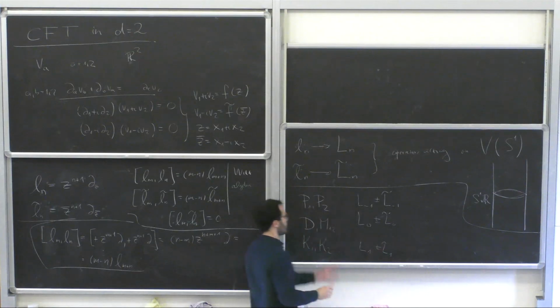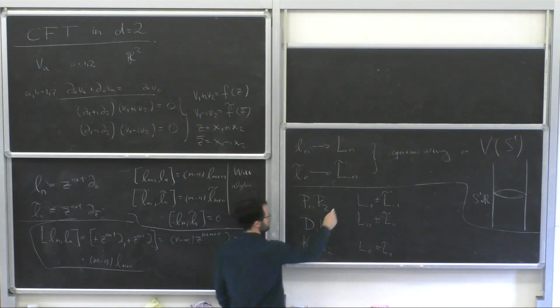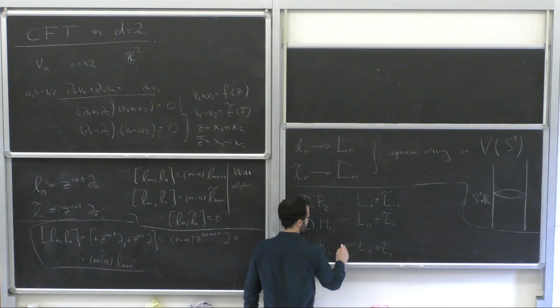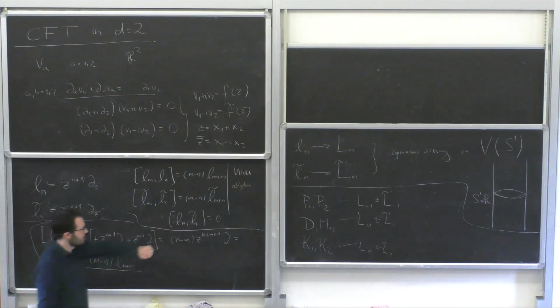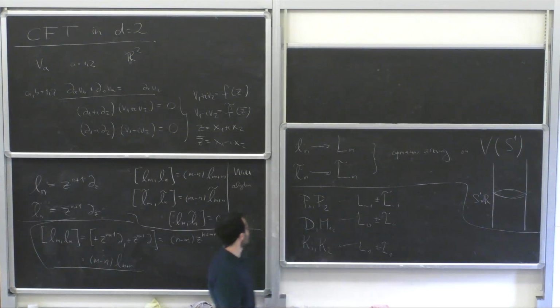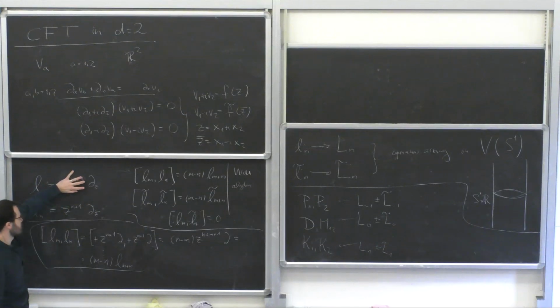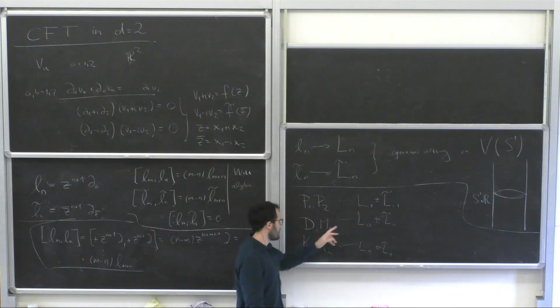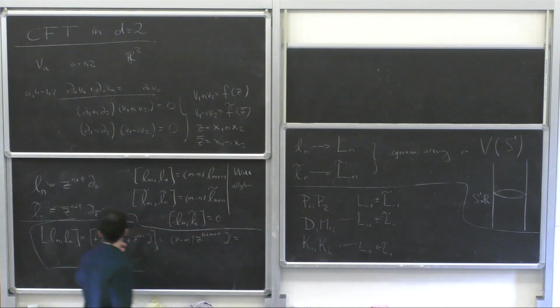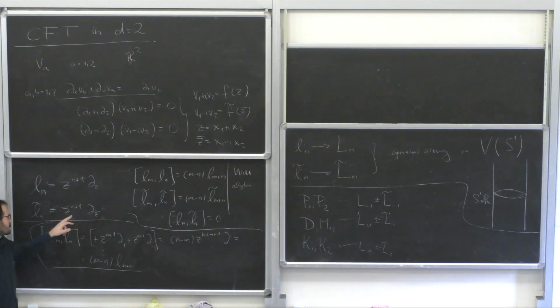All you have to do to understand it is to look at these vector fields. For example, when n is minus 1, you just have the holomorphic derivative and anti-holomorphic derivative. So these are translations. So these correspond to P1, P2. Then L0, for n equals 0, you have z dz, z bar dz bar.